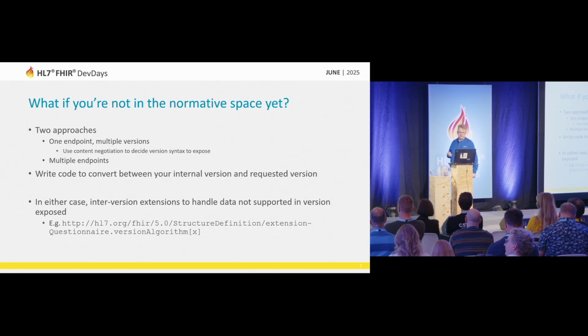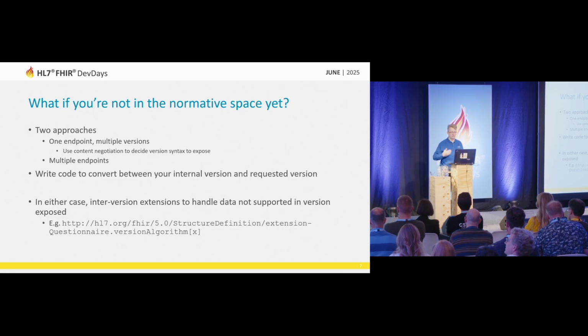One of the other considerations is there's changes in what the data is that's possible to share in the different versions of FHIR. And in R4 as well, and then a whole lot of work after that to actually make it work, we have the notion of interversion extensions, which means that we can take a concept that only exists in R5 or R6 and still send it in an R4 interface and have software that recognizes and says, oh, I know what that is, and I can validate according to the R5 rules or the R6 rules or whatever they might be.